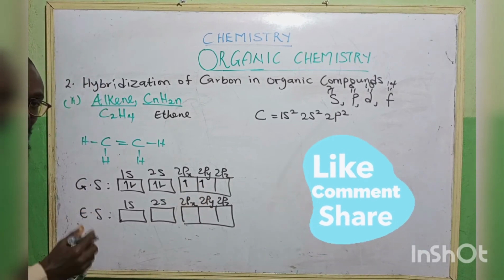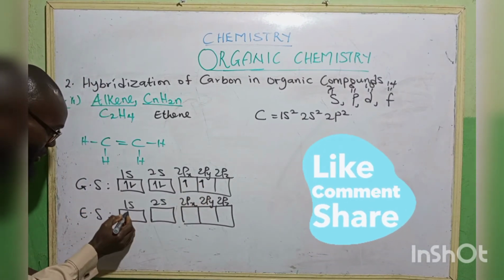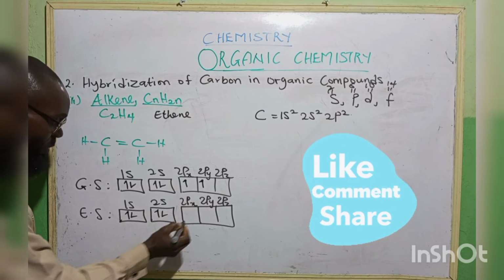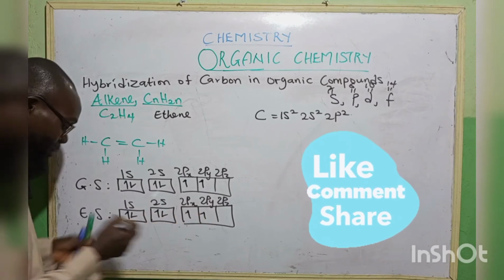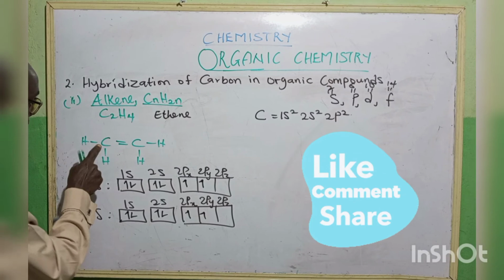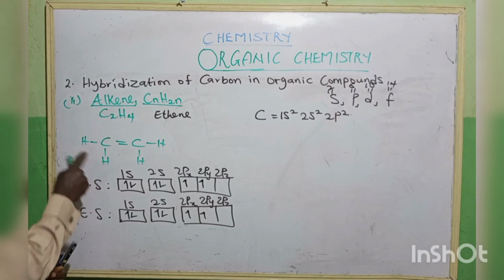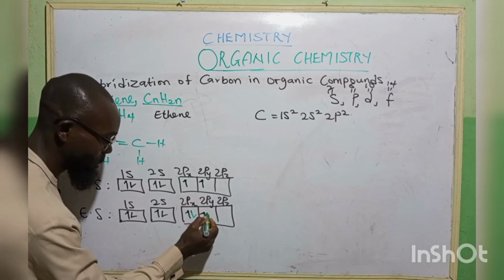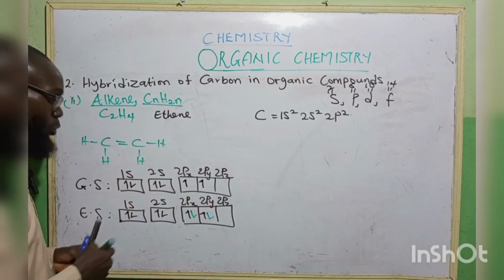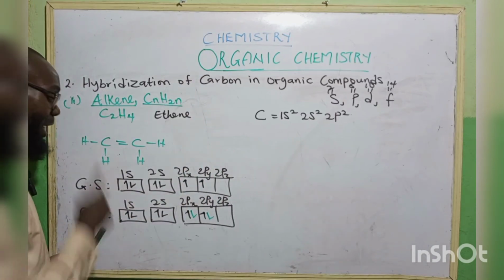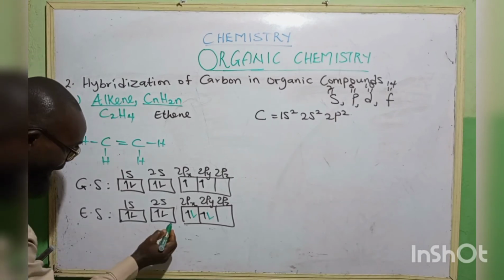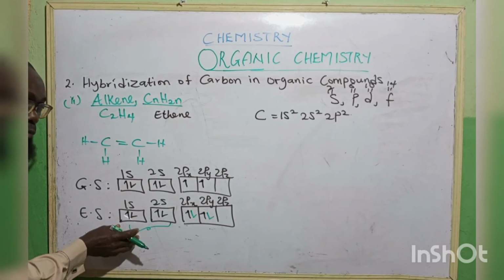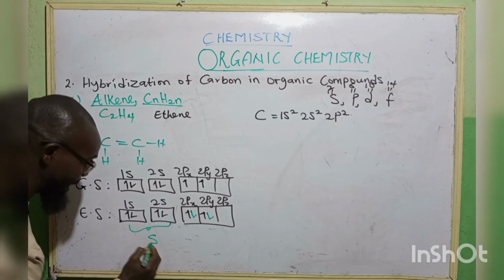Now, at the excited state, a similar thing will occur. Now we go on to consider this. How many hydrogens surround this carbon? We have 2 hydrogens. So one hydrogen enters this place, and the other hydrogen enters this. So now we want to know the hybridization of this carbon atom. Both 1s and 2s, they are of the same energy level, that is s.